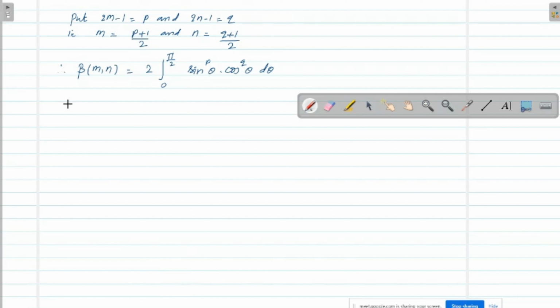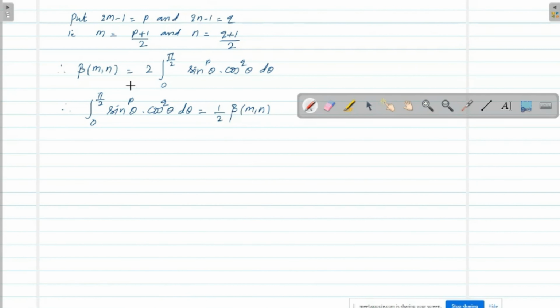Therefore this can be written as the integration of limit 0 to pi by 2 of sine p theta cos q theta d theta, and this is equal to 1 by 2 beta of mn.